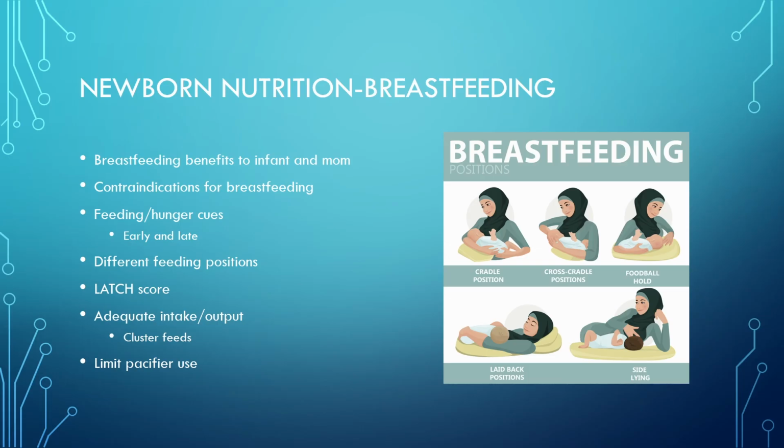If mom is HIV positive, HIV is passed through the breast milk, so she should not breastfeed. If she's on certain medications like chemotherapy or an anti-metabolite, those are all contraindicated for breastfeeding.